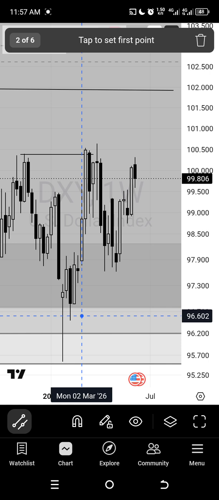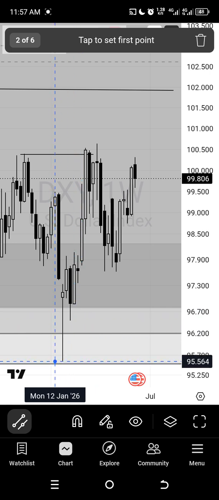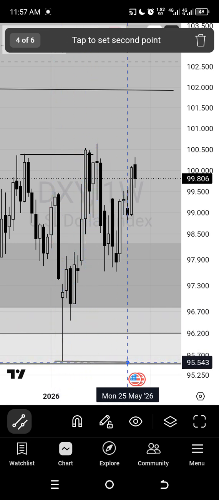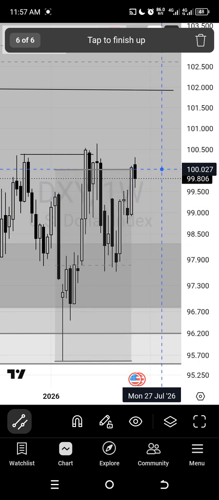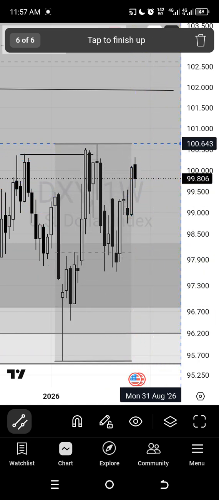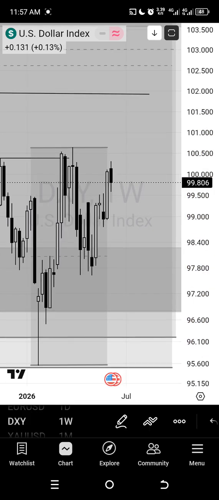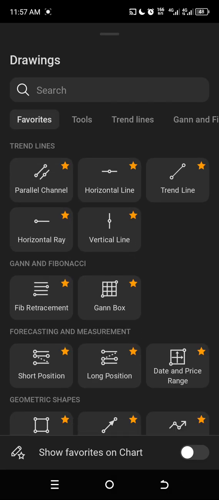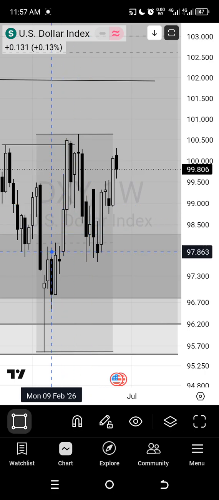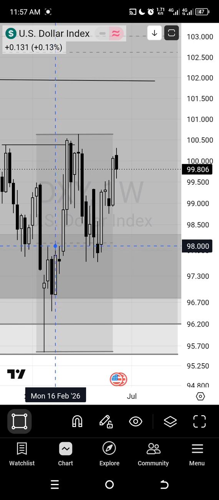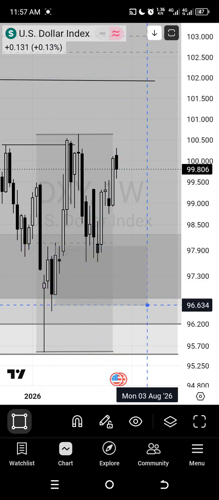Based on that, we also got the dealing range in which we could look for a retracement below 50%. You can see price went right up to the discount key level, right?